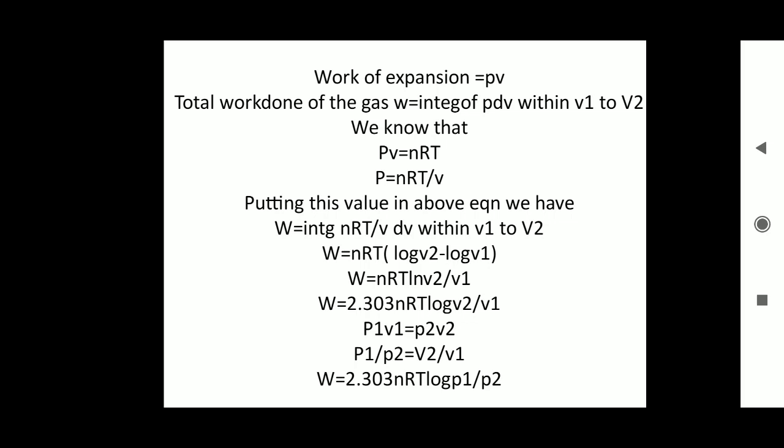So P must be nRT by V. Putting this value in equation 1, W is equal to the integration from V1 to V2 of nRT by V dV, or W is equal to nRT times the integration from V1 to V2 of dV by V. As we know, the integration of dx by x is log x.